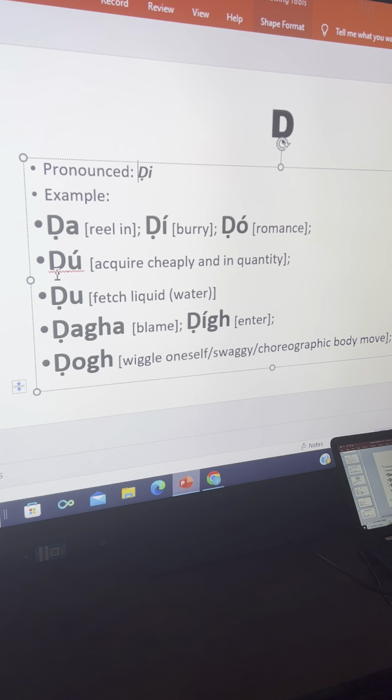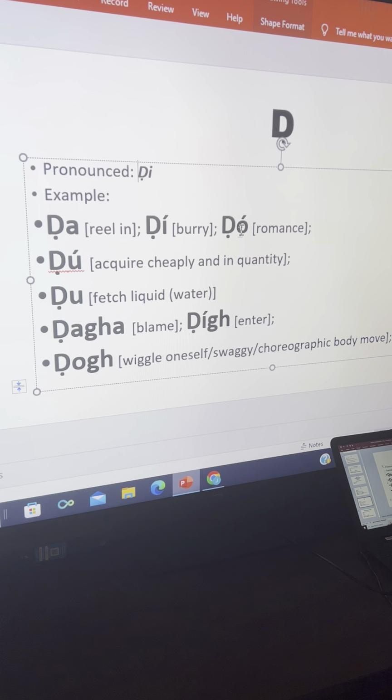Now, how about more examples? D, O. Look, the O is tone mark. When you tone mark O, it sounds O. This is where we need to understand so we know how we are communicating. Okay? D tone mark is D. The O tone mark is O, so that is do, romance.